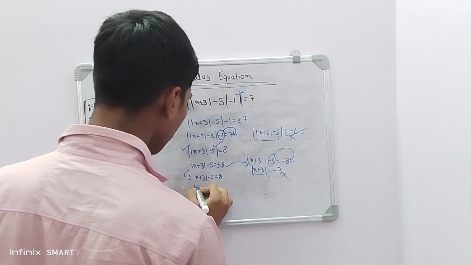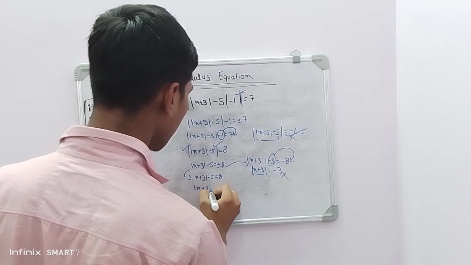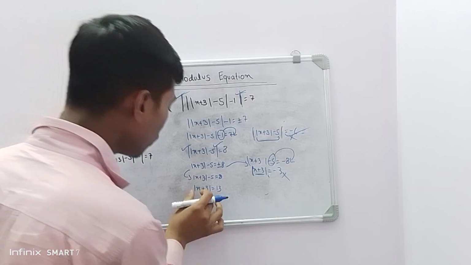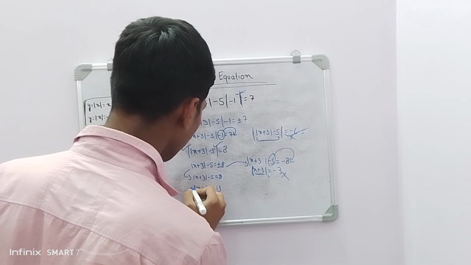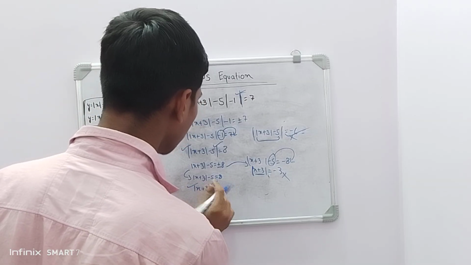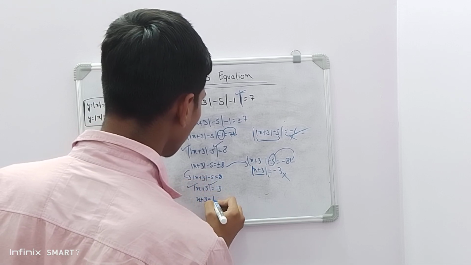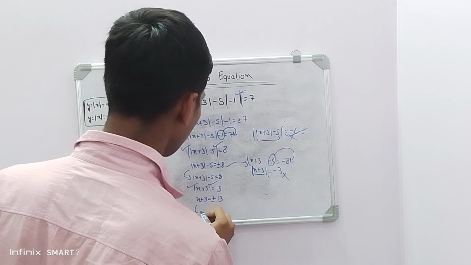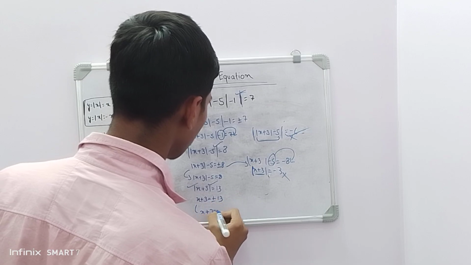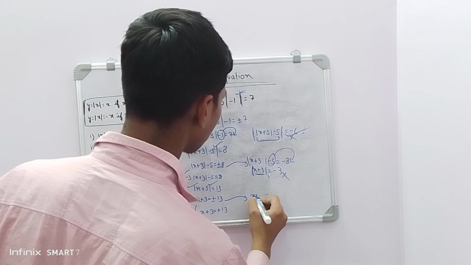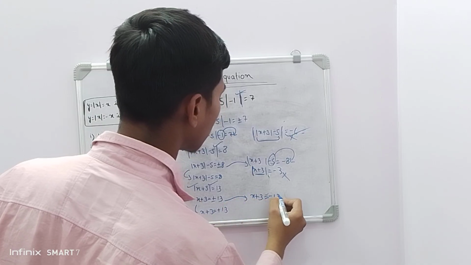So we get here |x + 3| can be written as 13. In this case, when you remove this mod, you again get x + 3 is equal to plus minus 13, written as x + 3 is equal to plus 13, and another case x + 3 is equal to minus 13.